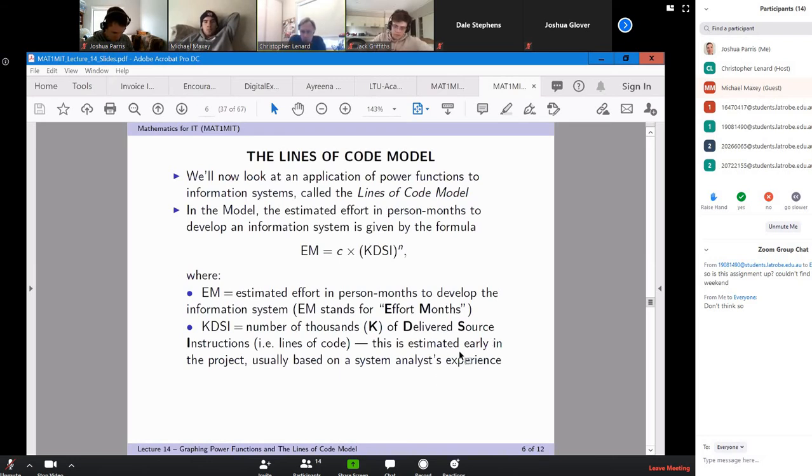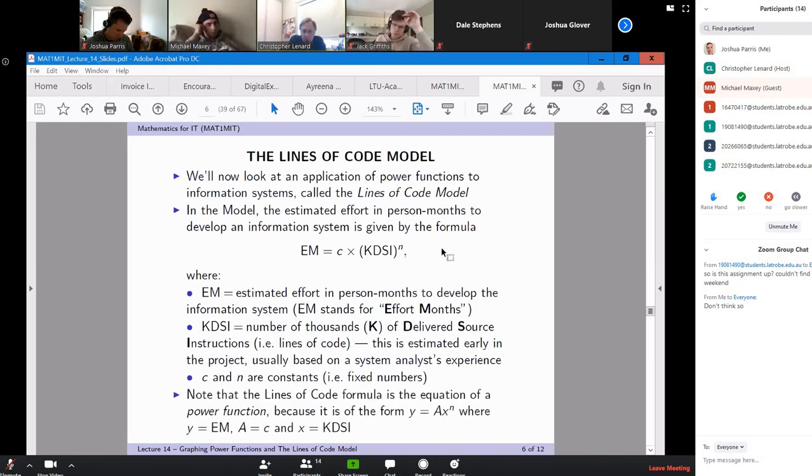And usually people who are project managers have a pretty good idea of how long it takes to program up a project. The multiplier and the exponent are constants, they're fixed numbers. And we basically have this function, this relationship, where y represents the estimated months or the effort months.